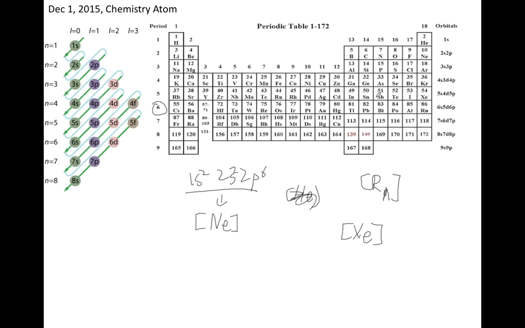Sometimes, we still need to add a bit of core electrons, but mostly it's going to be valence electrons. So we start from n equals 6, this one, because the electrons are basically valence. So 6s2, and that is our noble gas electron configuration for barium.